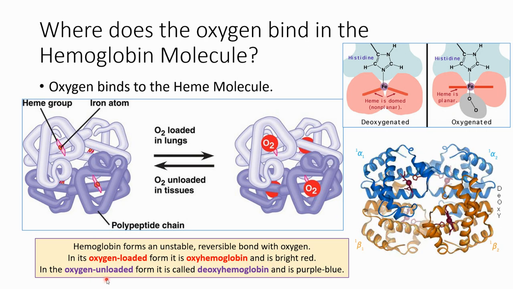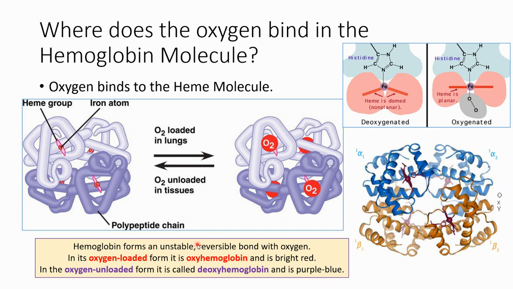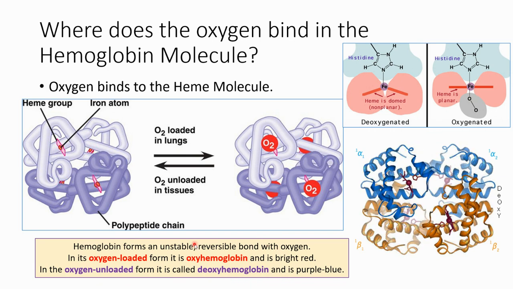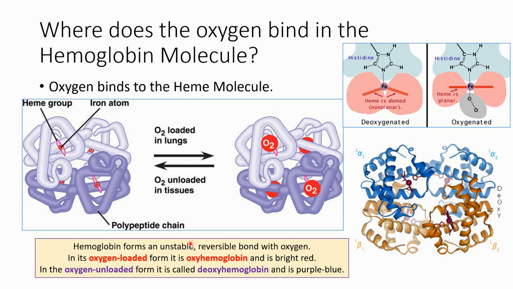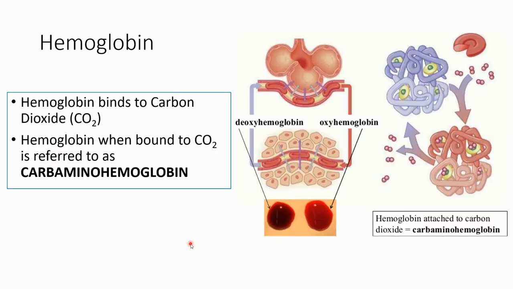When there's no oxygen bound, it's called deoxyhemoglobin, and then that blood is going to have a purplish-bluish tinge to it because of the difference between oxygenated versus deoxygenated. You can see here that heme that does not have the oxygen attached, that deoxyhemoglobin, is a darker color. With oxyhemoglobin, it's a brighter red.